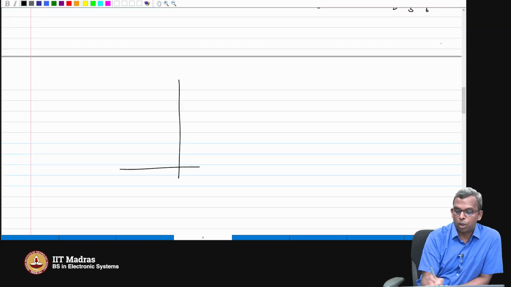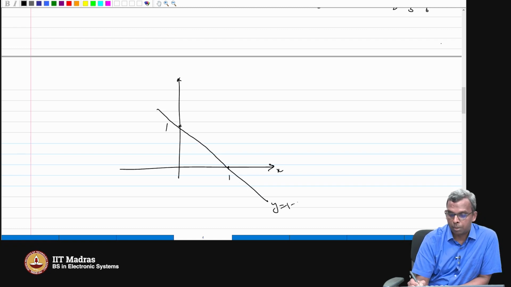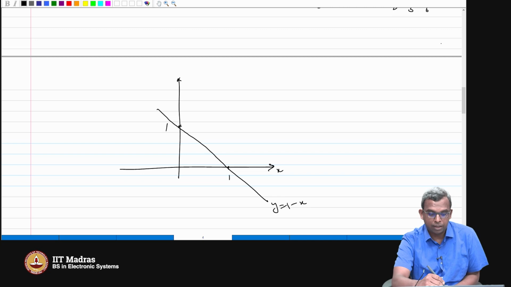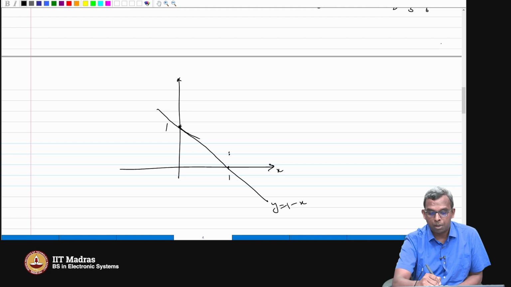So, if you remember the plot of e power minus x and 1 minus x, it will start here and go here, right. So, that is 1 minus x, okay, y equals 1 minus x. And then e power minus x, if you remember the plot, it will come out like this. At 0 it will be 1, and then at 1 it will be e power minus 1. E power minus 1 is somewhere here, and it will be above this line.